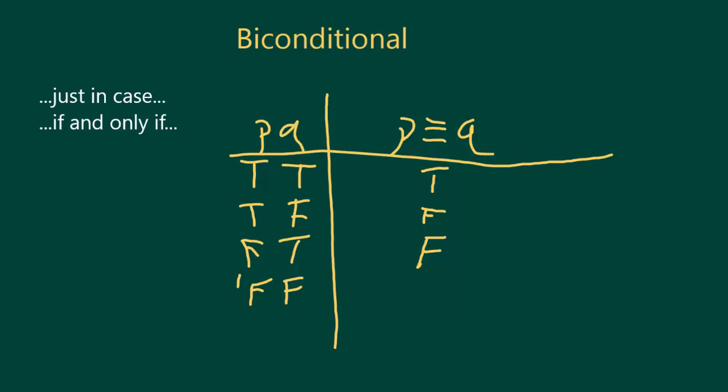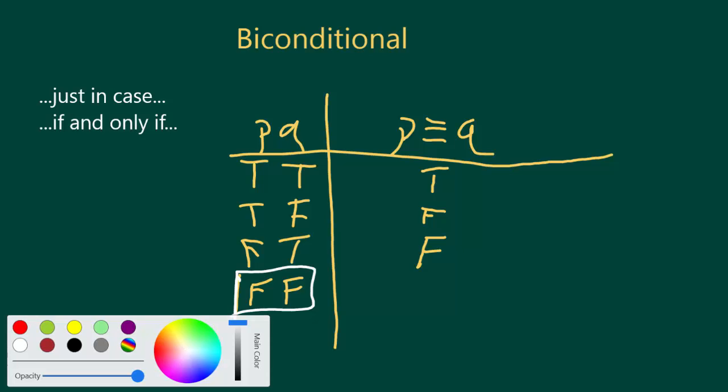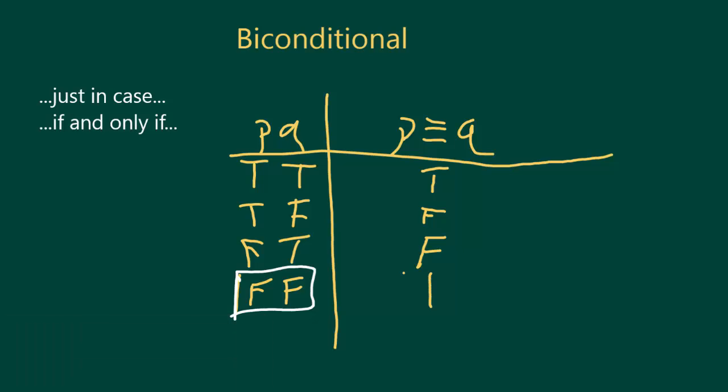But our last circumstance, if we think about the biconditional as giving us a rule in the same way that the material conditional does, the last circumstance doesn't break our promise, doesn't break what we're saying. So it ends up being true.